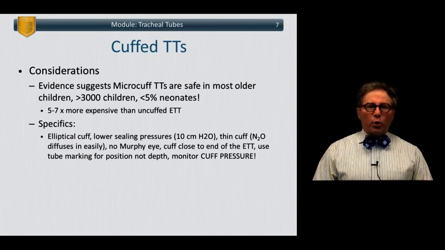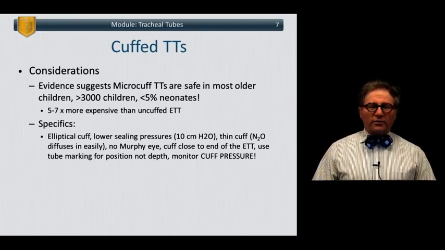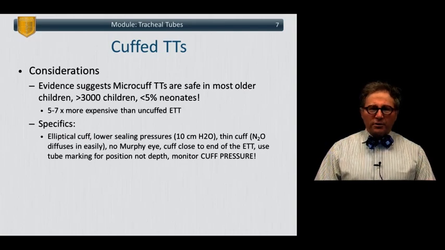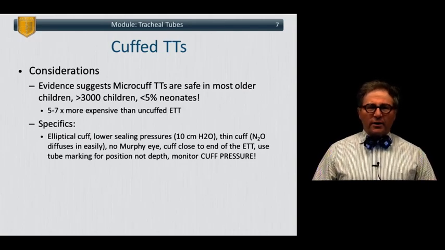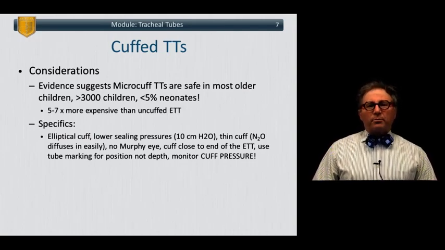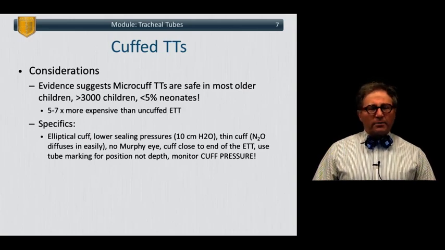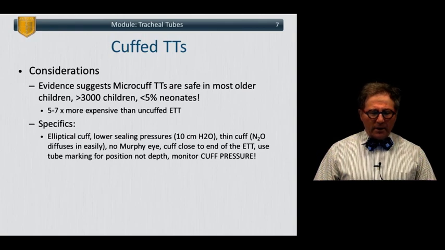A very important characteristic, because that buys us a lot of margin should the cuff swell because nitrous oxide is administered, or the temperature of the body warms the gas in the cuff, and the pressure may increase. But it really has a long way to go before it impairs the circulation.